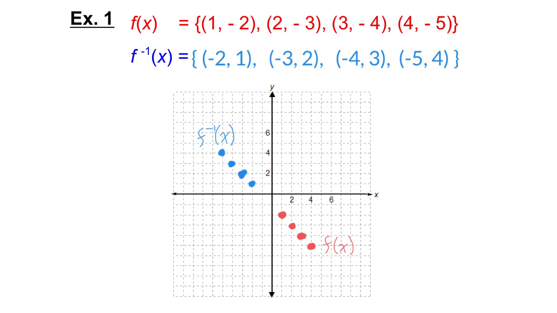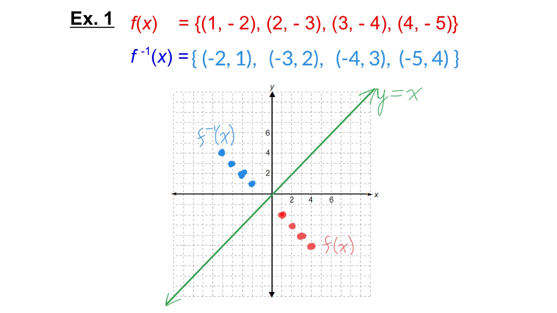Now something I would like you to notice between a function and its inverse is that it's a mirror image across this line. And that line is y equals x. So if you want to think visually about an inverse of a function, you can just draw the line y equals x, and you can use it as your mirror line.